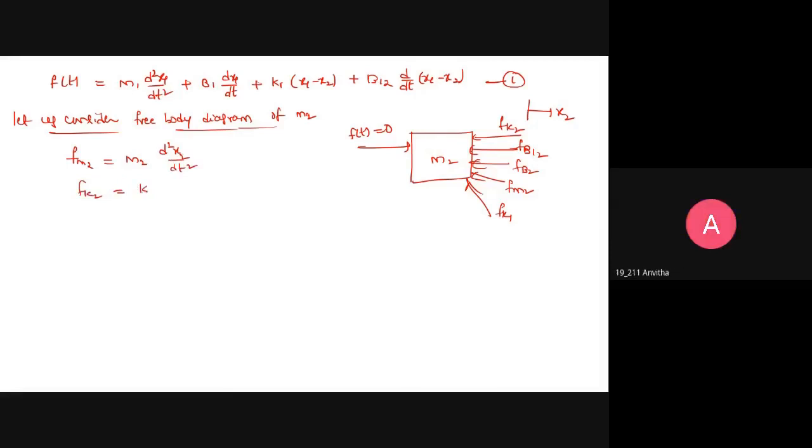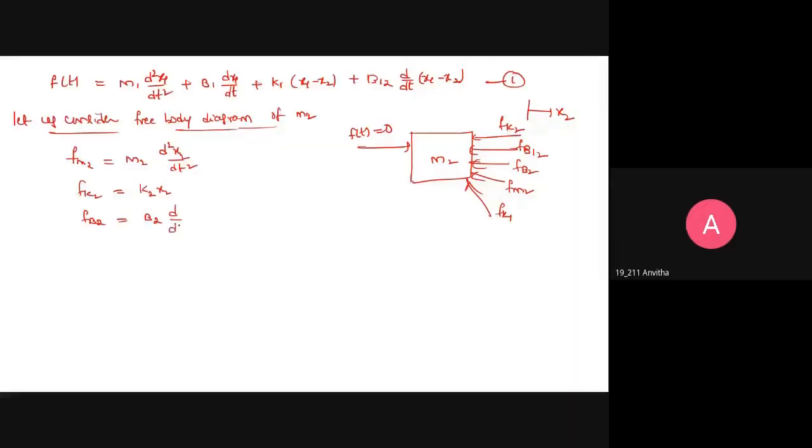Fb2 equals B2 into dx2 by dt. Then next, Fk1 equals K1 of x2 minus x1, right?